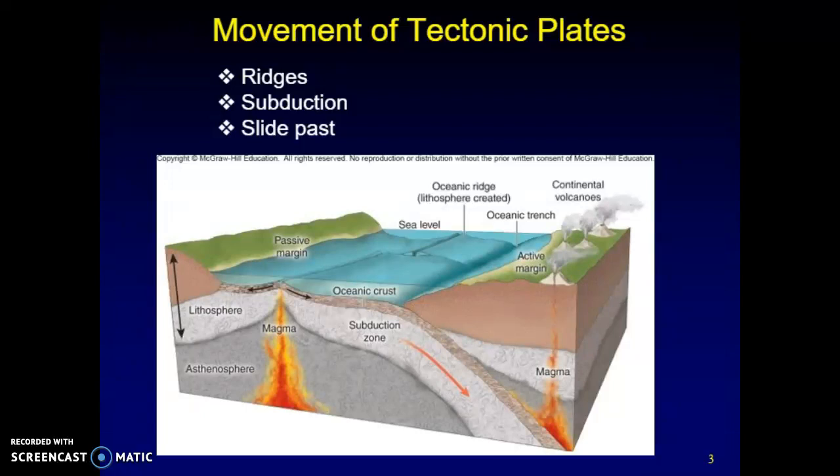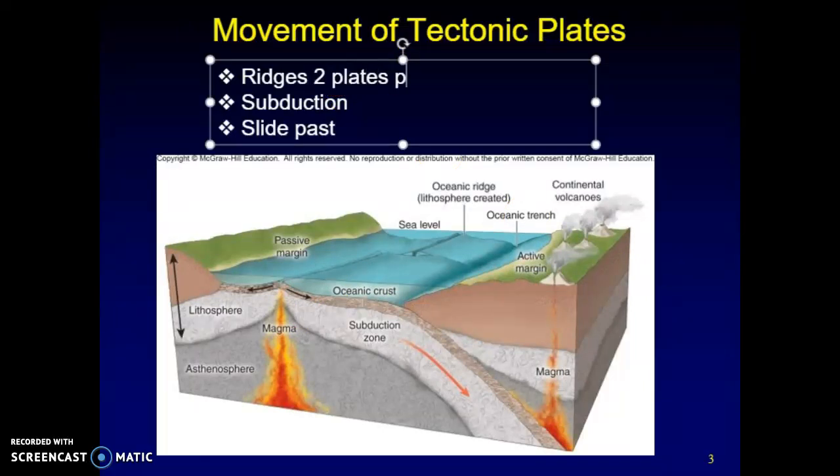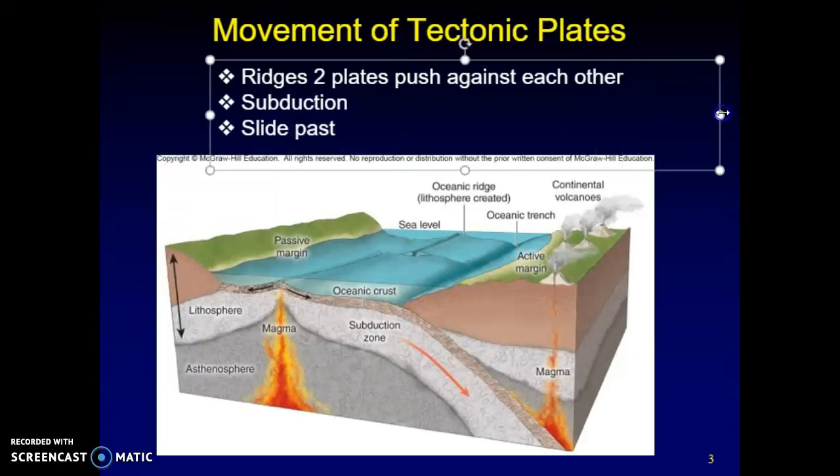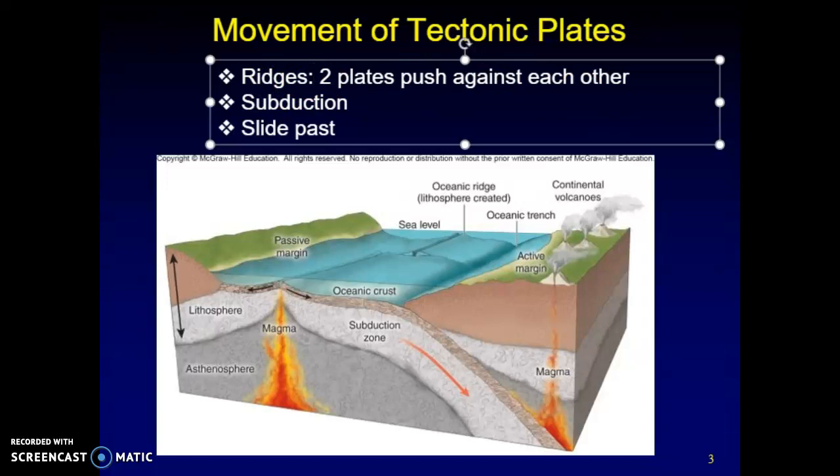Ridges are often formed when two tectonic plates push towards each other. The two plates push against each other and basically buckle and push upward, creating a ridge. Now when one plate slides under another, this is what we call subduction.